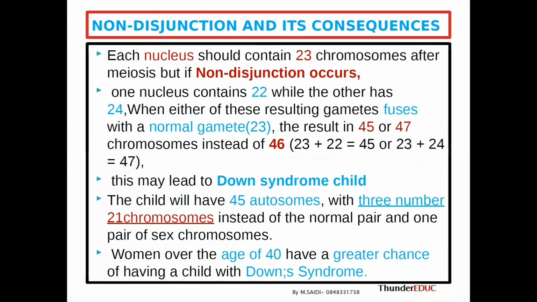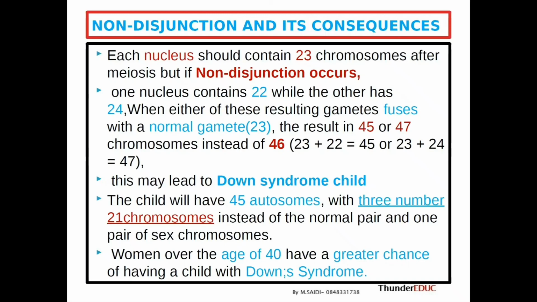The child will have 45 autosomes and 3 chromosomes of number 21. The autosomes are the chromosomes from pair 1 to pair 22.